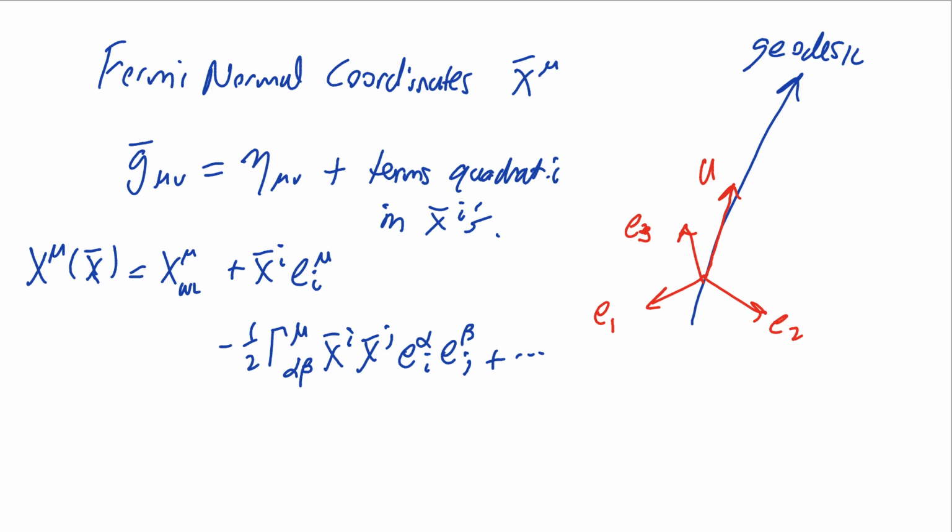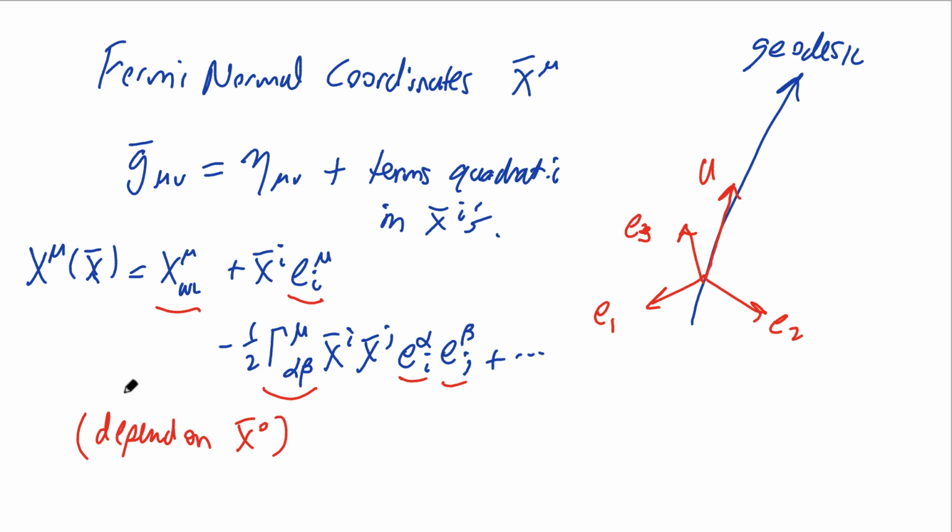And in this expression, these quantities, the coordinates of the world line, and also the basis vectors, the e_i's, e_j's, the Christoffel symbols, all of these things depend on the proper time along this geodesic. So they depend on x bar 0, the 0 coordinate.